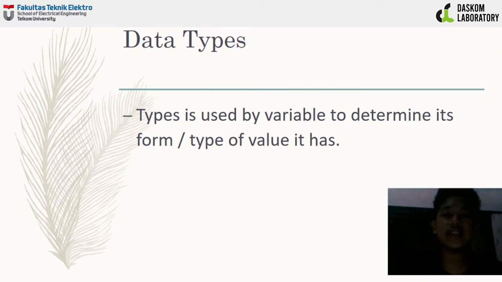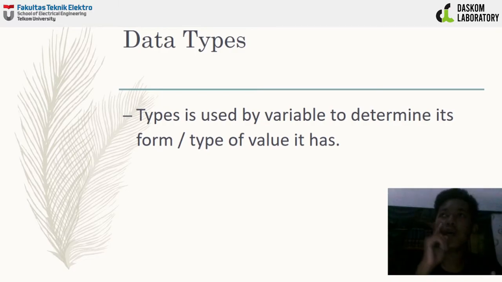Next is the data type. The variables that you make must have a data type. A data type is used by a variable to determine the form or type of value it has. So, like this, the variable you choose, like variable name.